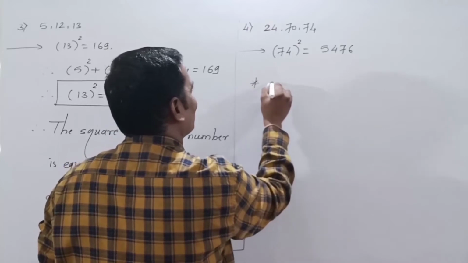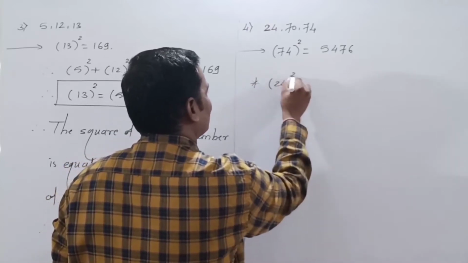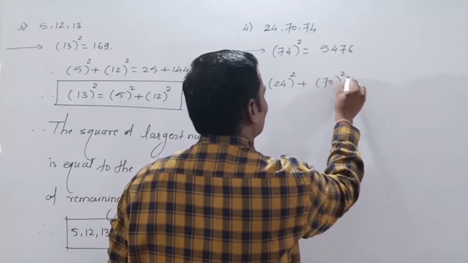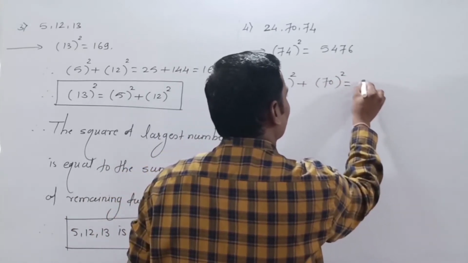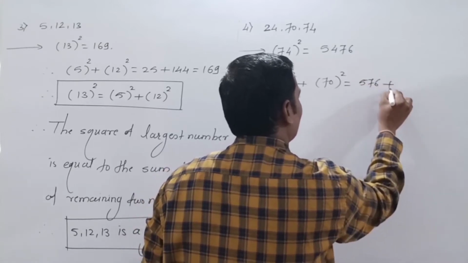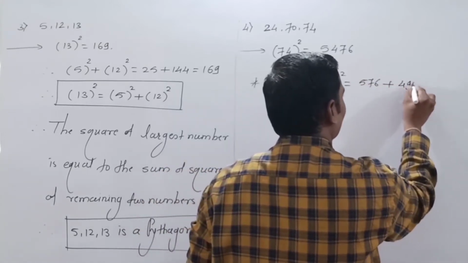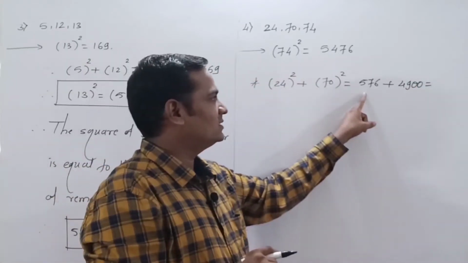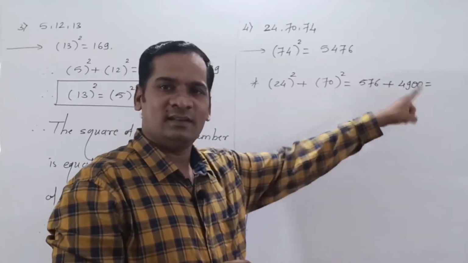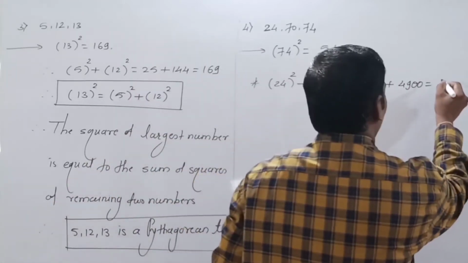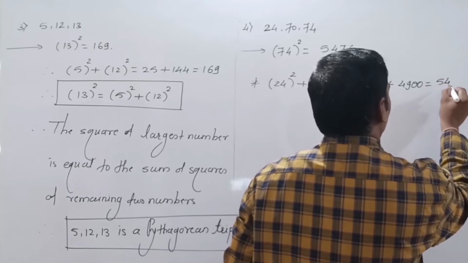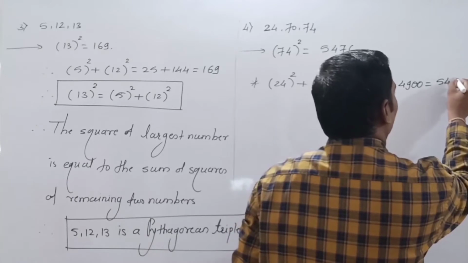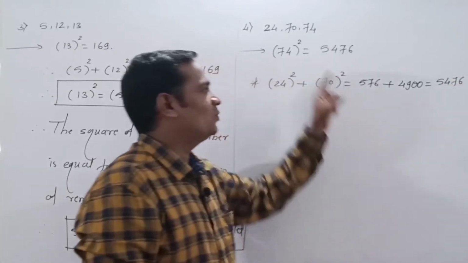Therefore with the star we will write here 24 whole square plus 70 whole square is equal to, now this is 576 plus 4900. Look at this. The square of 24 is 576 plus the square of 70 is 4900. So that total will be 5476. Look at this, the sum of these two is 5476. Both are equal now here.